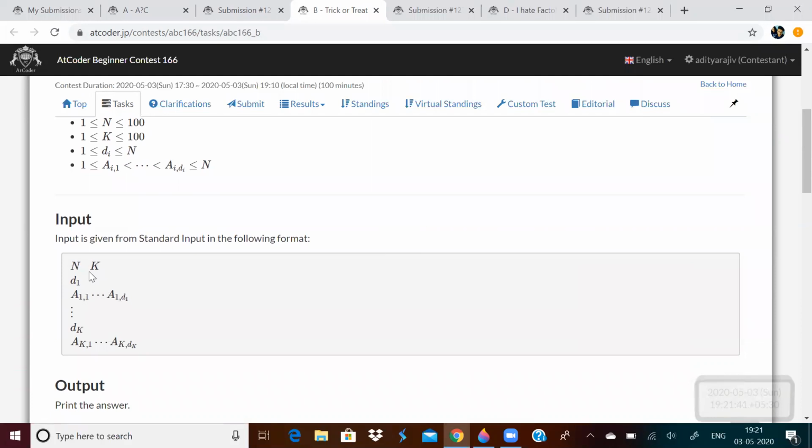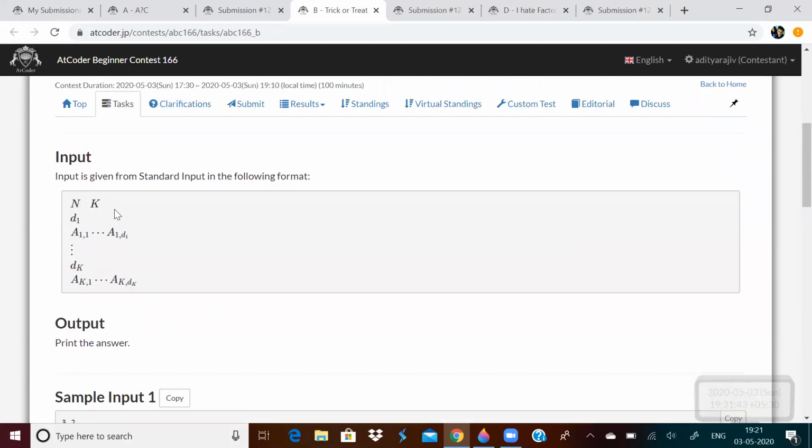So there are N snukes, you input N. There are K types of snacks, you input K. Now there's an array d1, d2, d3, up to dK, and each d_i has another d_i elements. So you have to input d_i and again input an array a_i1, a_i2, up to a_id_i, like that.